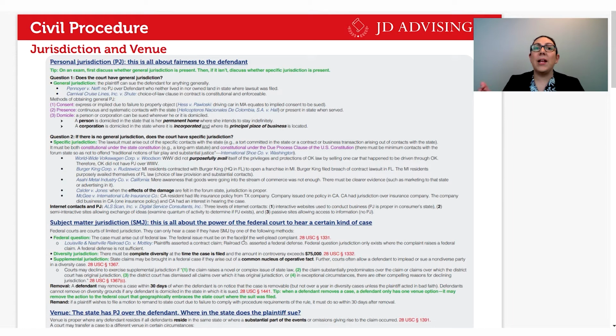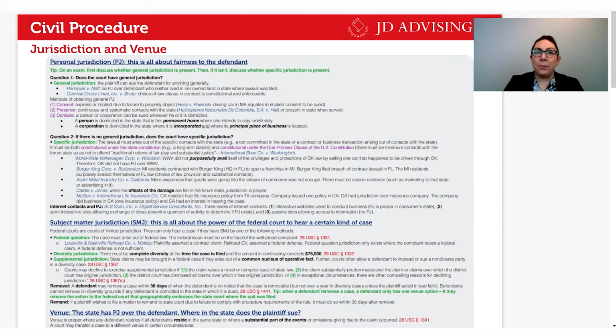And I'm there almost every single day for work. I likely have such continuous and systematic contacts with Ohio that it's as if I live there, and that might be enough to say that I am present in Ohio for purposes of personal jurisdiction. And if that is the case, then Ohio would have general personal jurisdiction over me, meaning that someone could file a lawsuit against me in Ohio for anything.